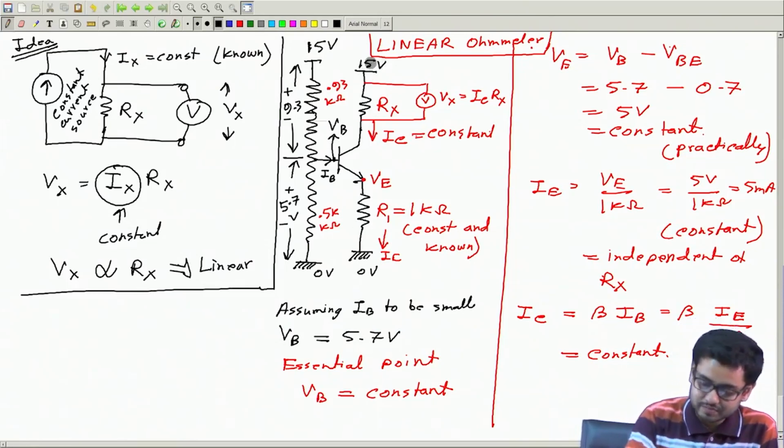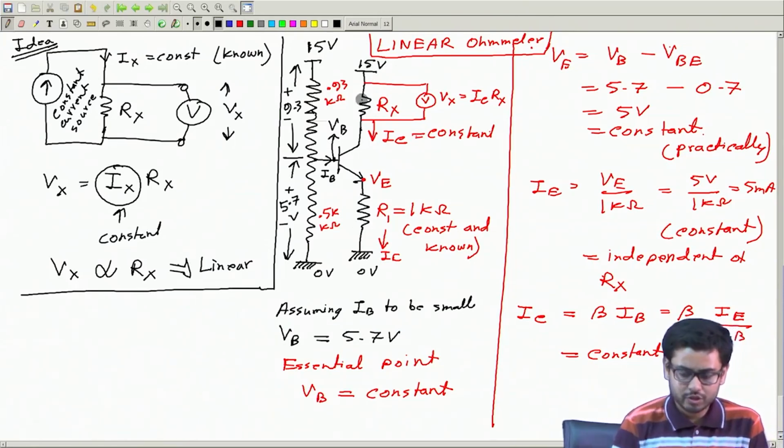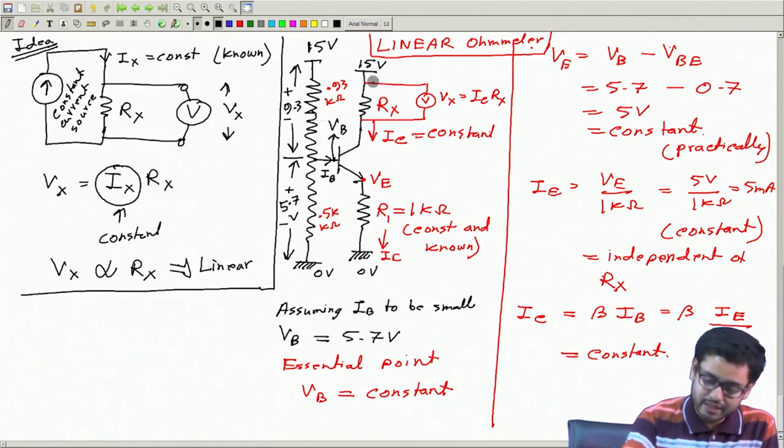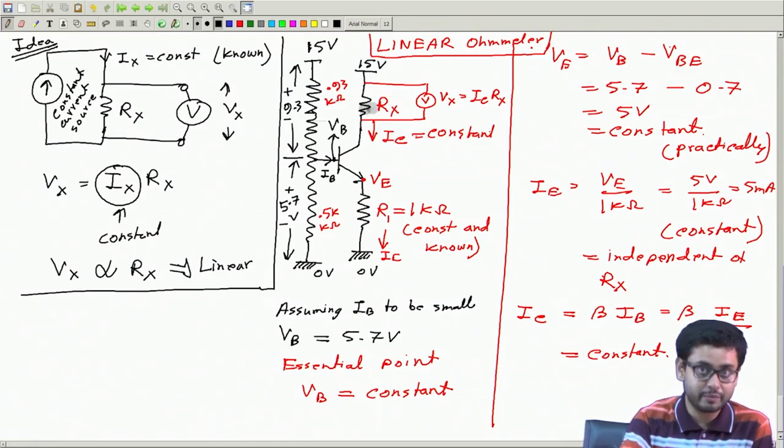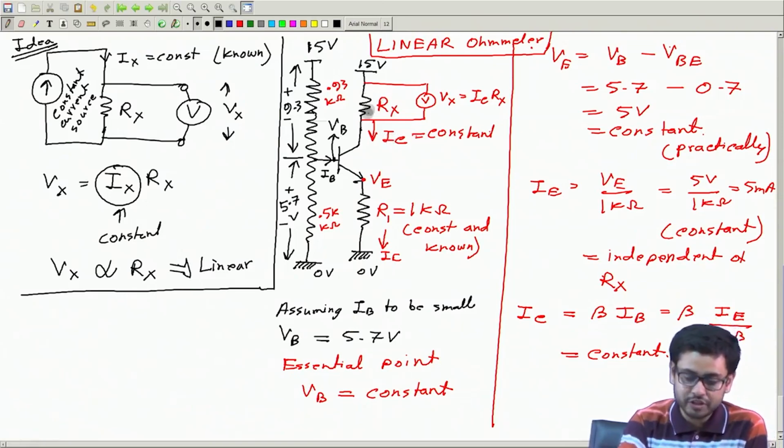So Vx is this IC, which is a constant, multiplied by Rx. That much voltage drops across this, and the remaining voltage will drop across the base collector junction.